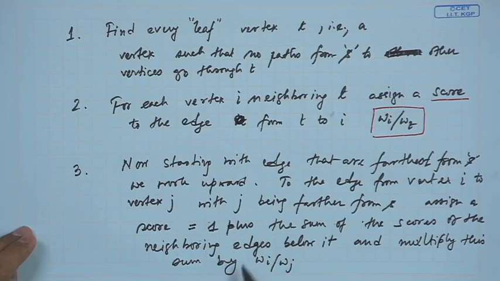So, you are making it proportionate to the number of path counts that pass through that particular edge I j.